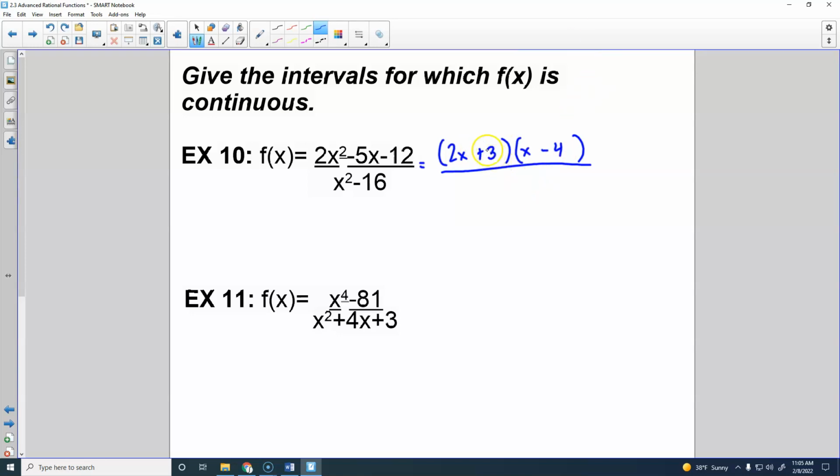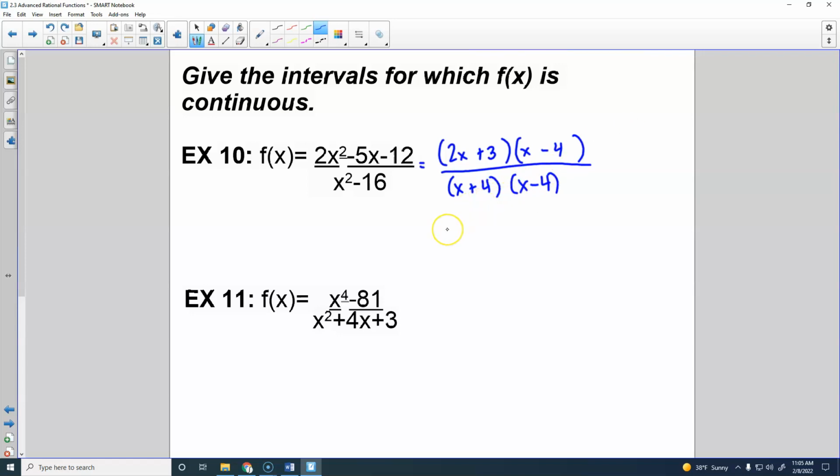Because that'll give us a 3x and a -8, which will give us -5. So that's how that one factors. Then we would have x plus 4, x minus 4 in the bottom. I'm moving a little quickly on that factor, and it might take you a minute to get it.